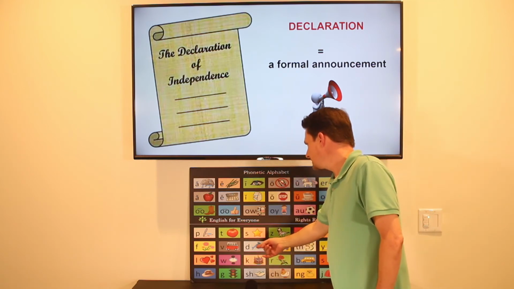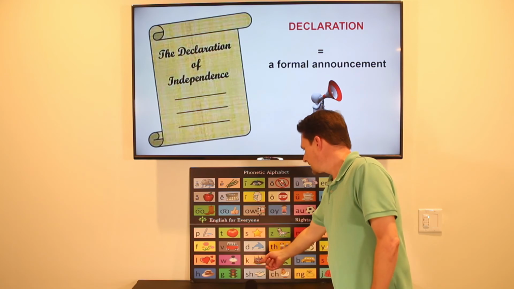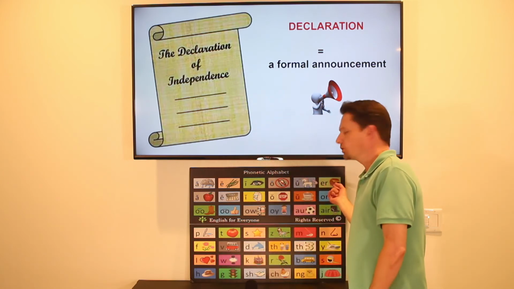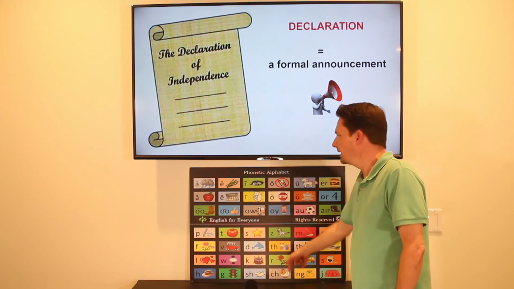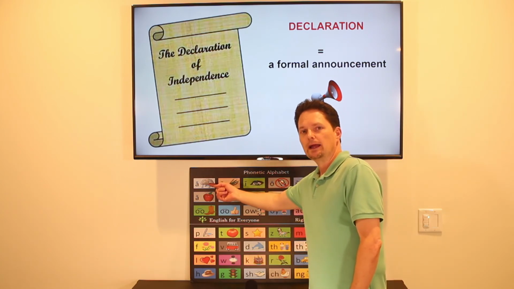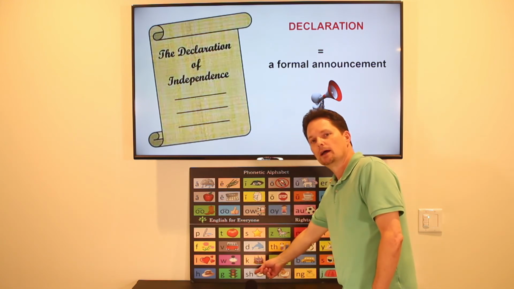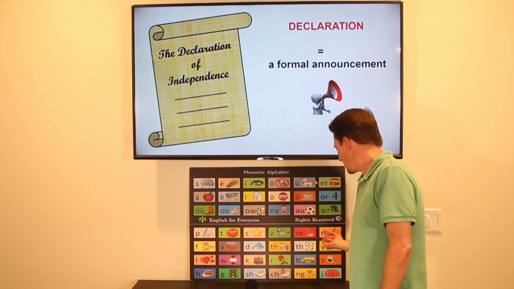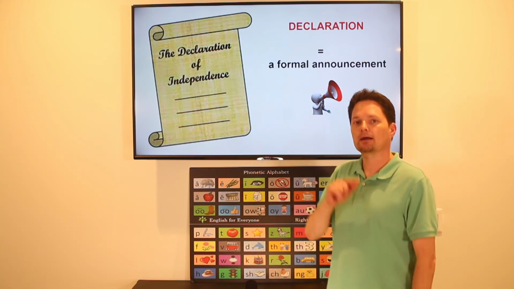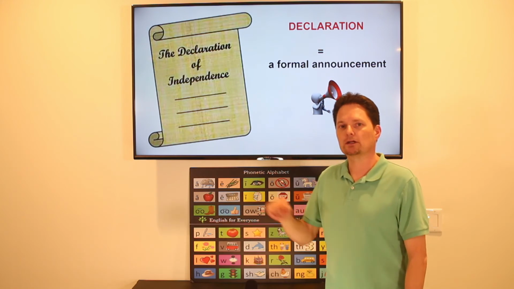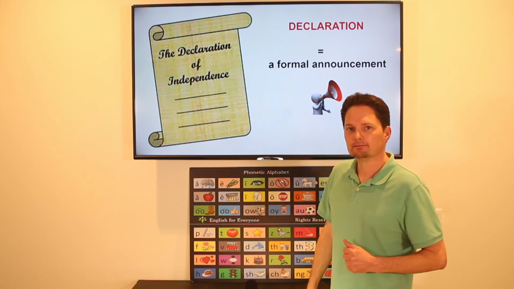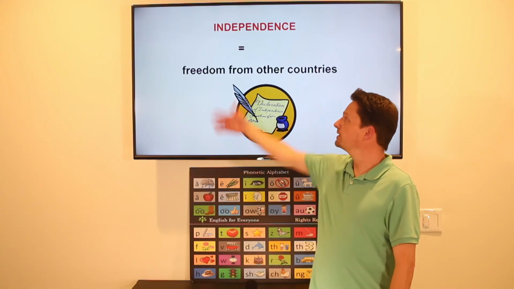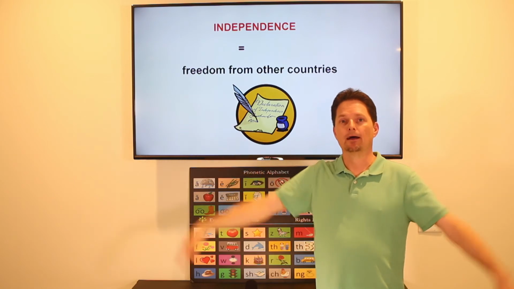Declaration. Declaration, declaration. Repeat. Very good. What is independence? Independence is freedom from other countries.